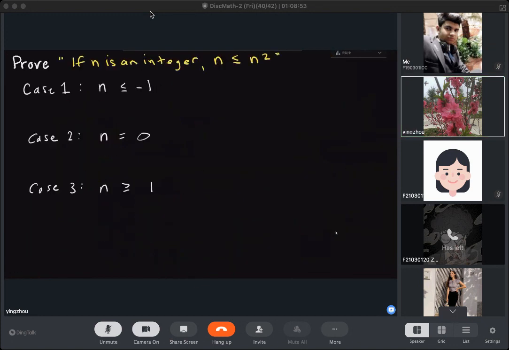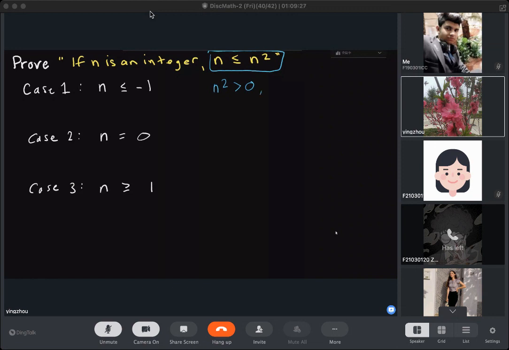Now that we know our three cases, let's go about making this proof happen. Case one says n is less than or equal to negative 1. Keep in mind, what I'm looking for each time is to show that this relationship is true, that n is less than or equal to n squared. So what happens if I have a negative value and I square it? n squared is always going to be positive, because a negative times a negative is a positive.